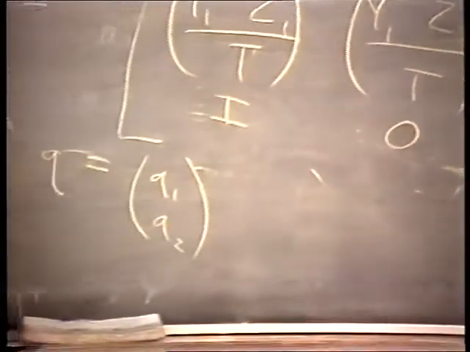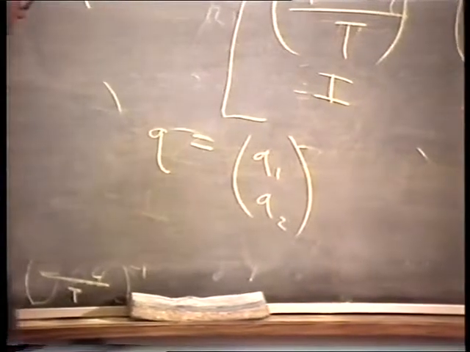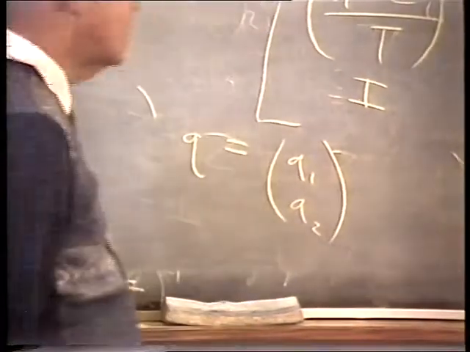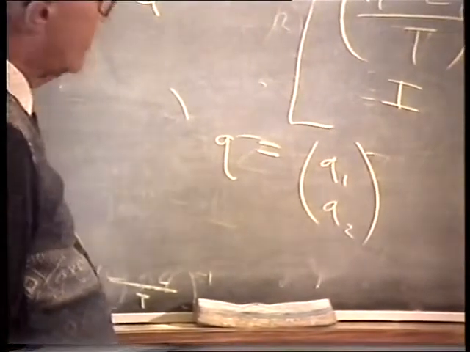In other words, the same number of elements as the number of exogenous variables in the equation we're studying. Q2 is the remainder of that vector.